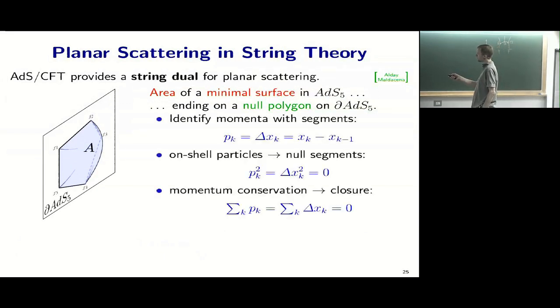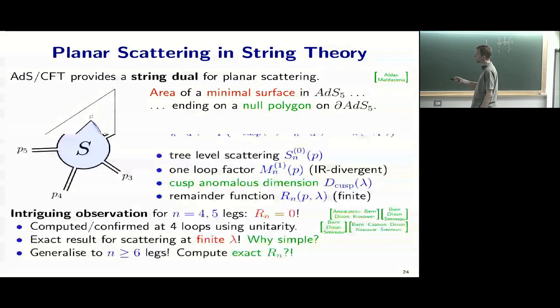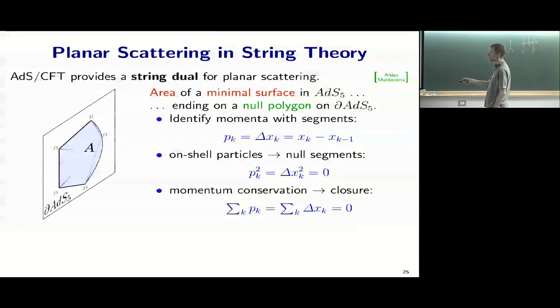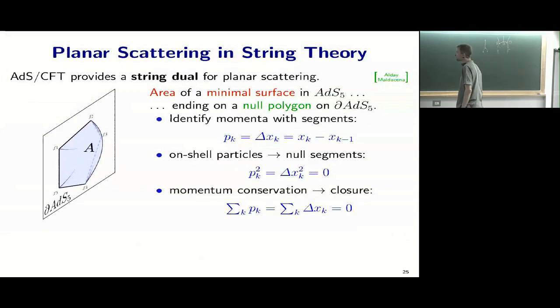A null polygon matches nicely to the kinematics of a scattering amplitude, because you can identify each particle momentum with each segment of this polygon. You just say the momentum is the difference of the coordinates of the two corners here.